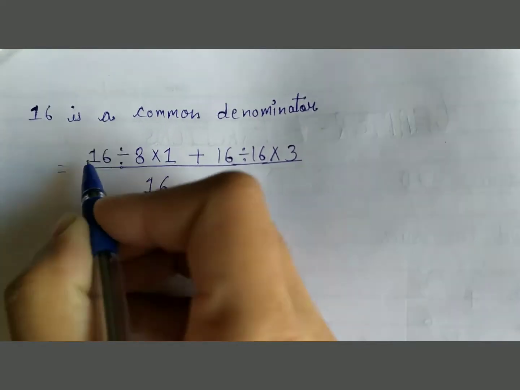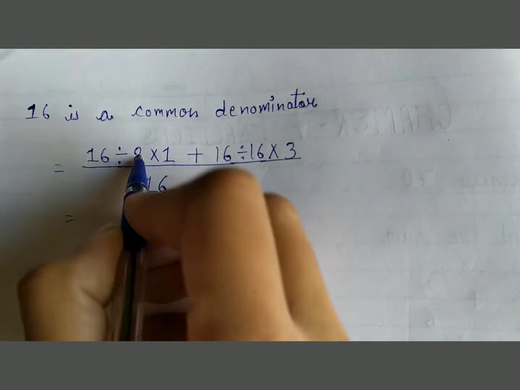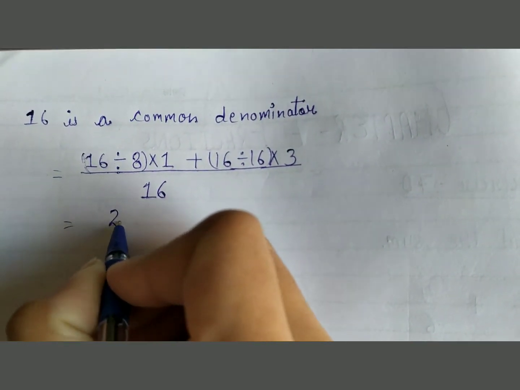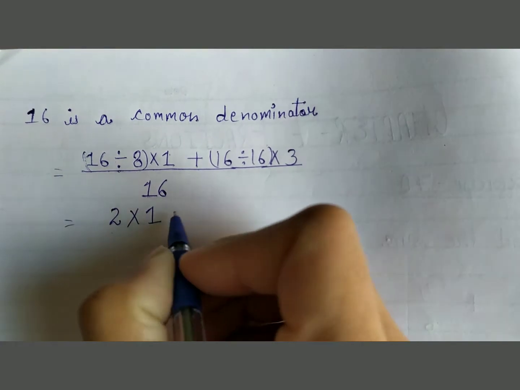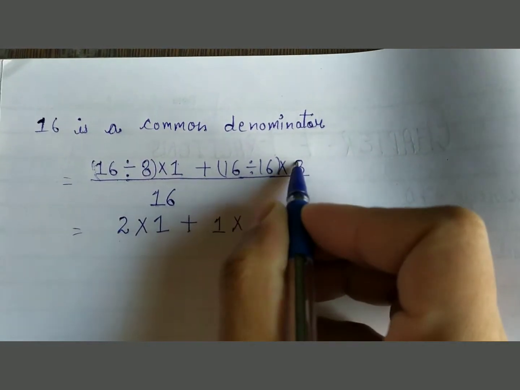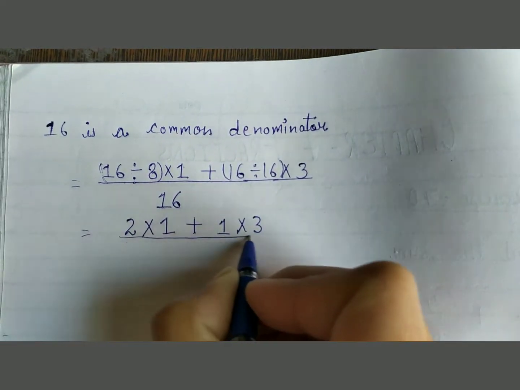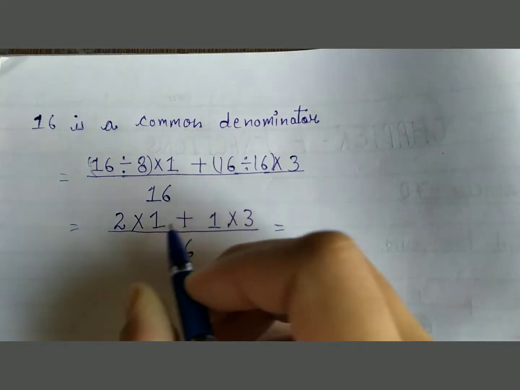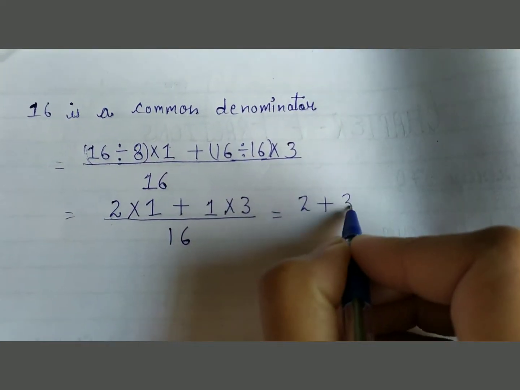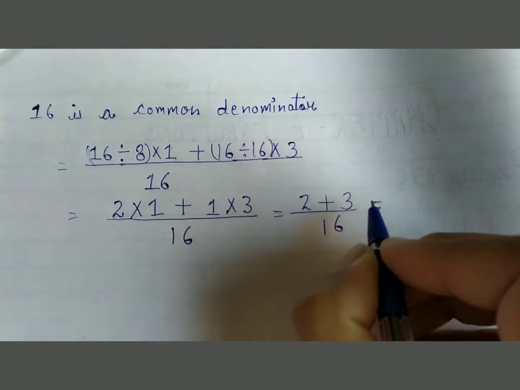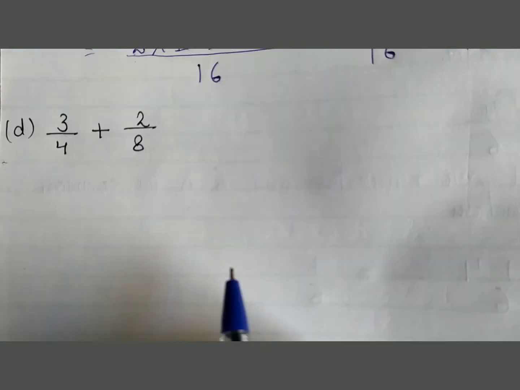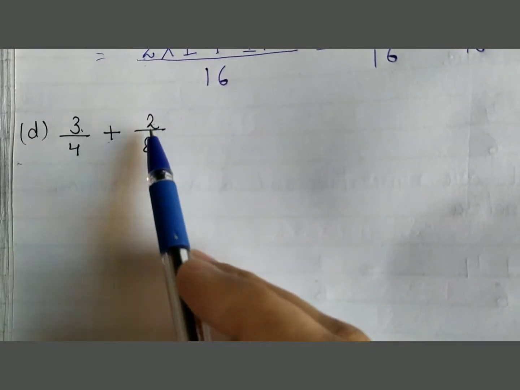Solve this numerator. 16 divided by 8, 2, multiply 1, addition sign, 16 divided by 16 equal to 1, multiply 3 upon 16. 2 multiply 1 equal to 2, add 1 multiply 3 equal to 3 upon 16. 2 plus 3 equal to 5 upon 16. This is the answer.